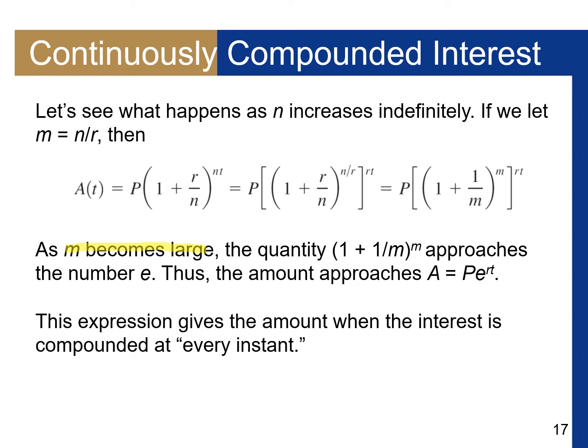And the amount then can be reduced to P times e to the rt. So you can see here, again, the definition for e follows this form. That's why we can actually replace that with e.